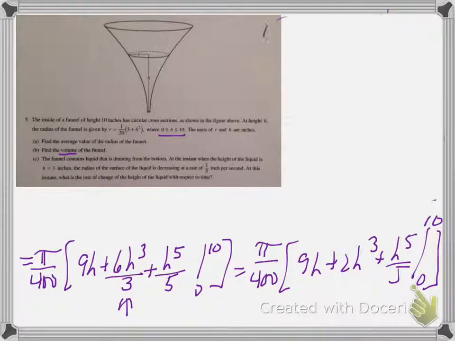Okay, so we have pi over 400. Alright, first we're going to put 10 in there. So 9 times 10 is going to give me 90. Plus, if I put 10 in here, 10 to the third power is going to give me 1,000, and 1,000 times 2 is going to give me 2,000.